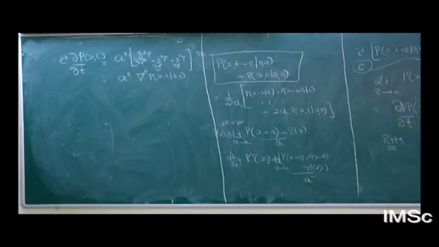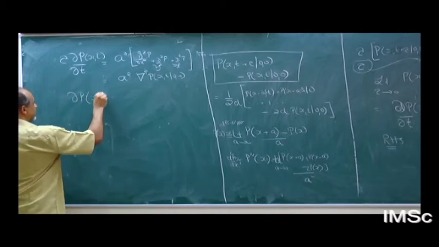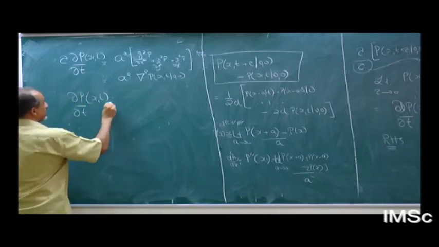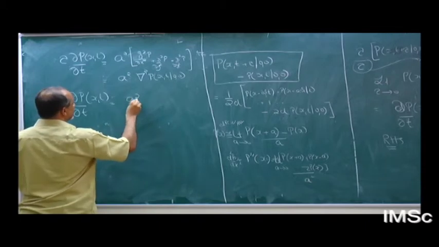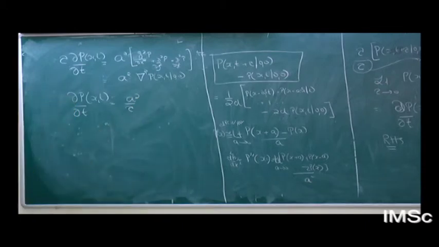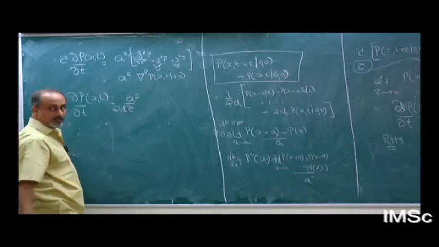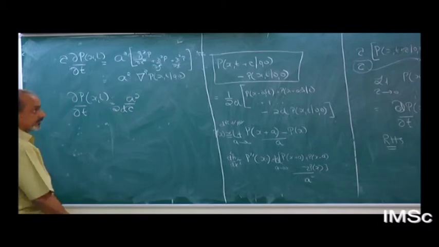Okay? So now let's sort out various terms. Let us now simplify this by writing delta p of x comma t by delta t equal to a squared divided by tau, and I have missed a factor of 2d here. So 2d tau. What happens to the d that is inside?